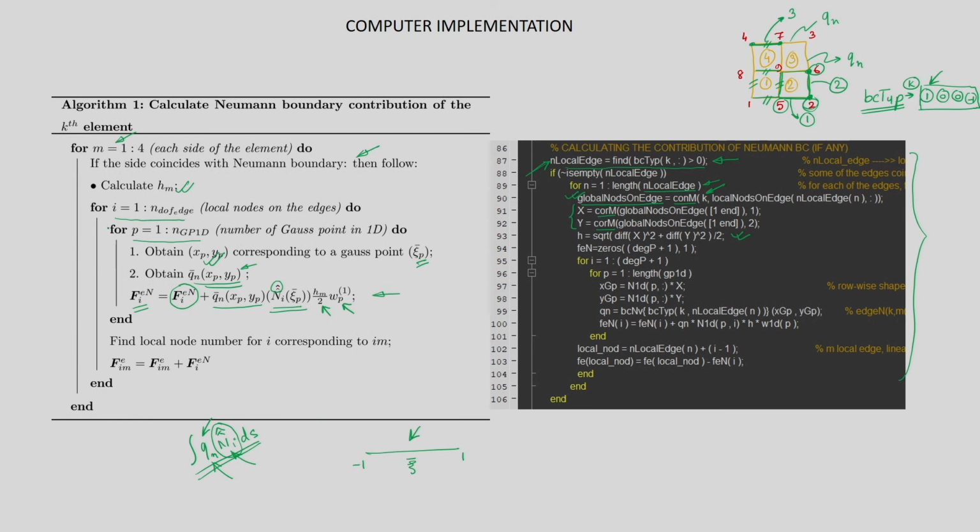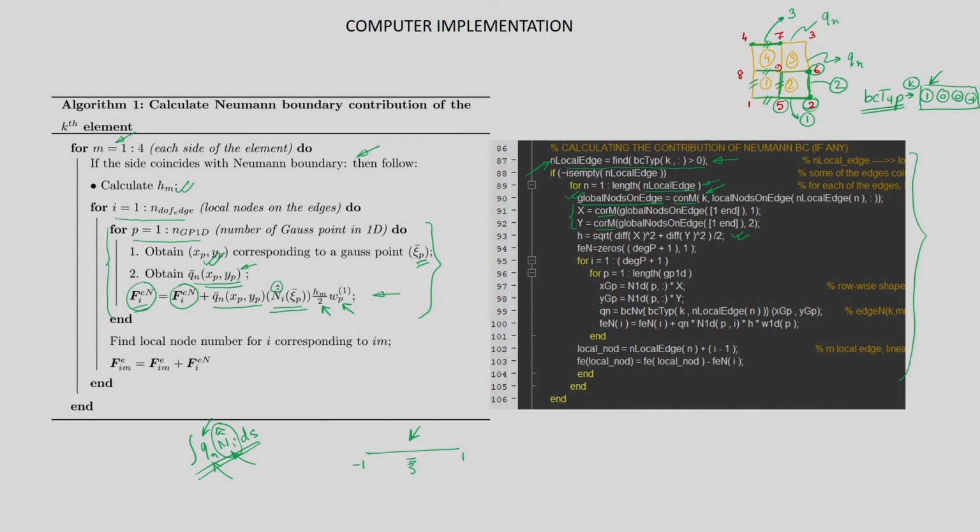We loop over all the Gauss points, at the end of which we get the force vector part contributed only by the edges coinciding with the Neumann boundary. So this is the Gauss quadrature part. Once it is complete, we have calculated the ith entry of the force vector corresponding to the Neumann boundary contribution. Once we have calculated the ith entry, we have to add it to the element force vector.